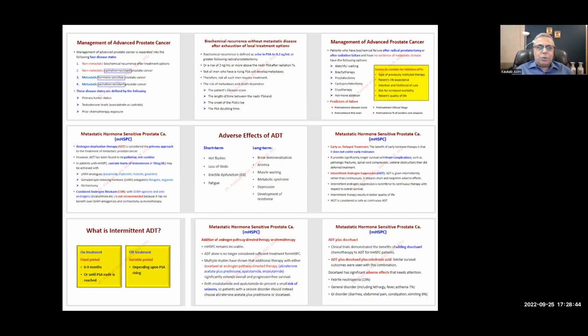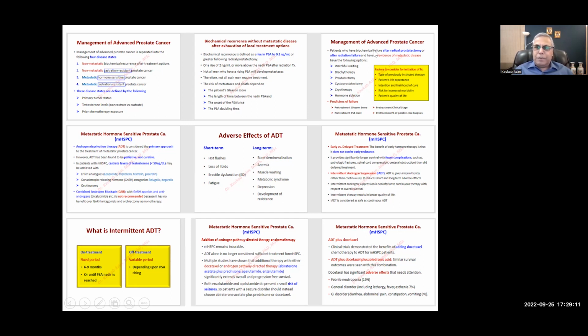So what we have done so far, we have almost come to the end of the lecture. We have looked at the management of advanced prostate cancer, which is of 4 types. In addition to these 4 types, we look at more aspects or more parameters in each of them. Then we discussed biochemical recurrence, a rise in PSA above 0.2 nanogram.